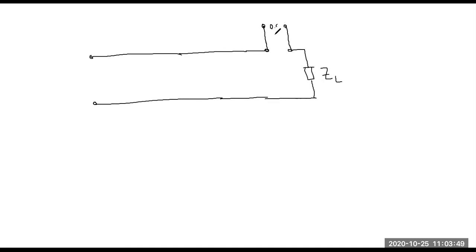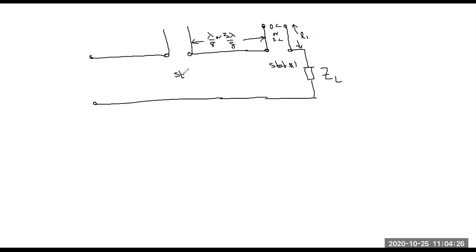This is again open circuit or short circuit. This is our stub number 1, and this is the length of that stub. Then at a fixed distance, either lambda by 8 or 3 lambda by 8, we will connect our second stub.